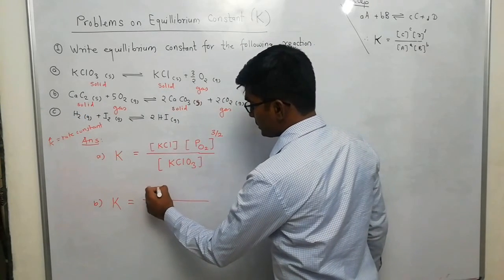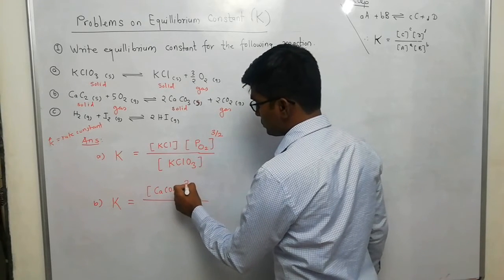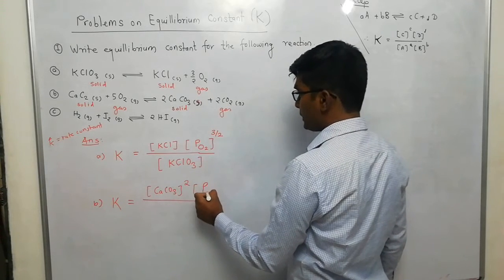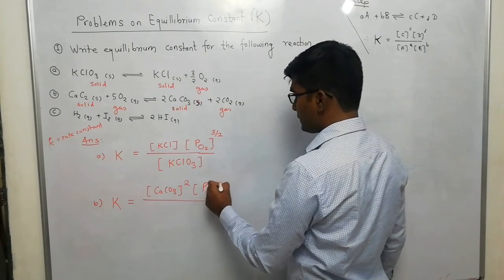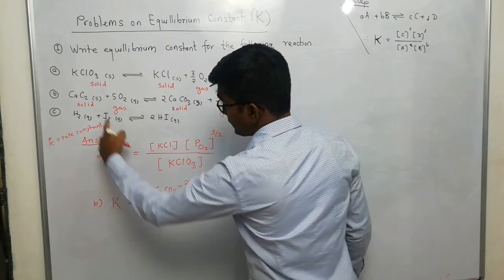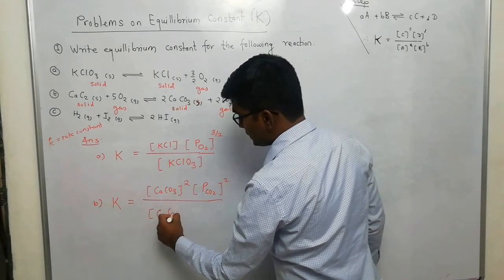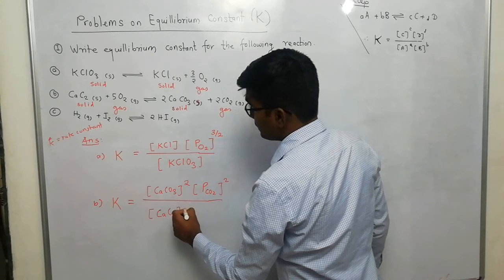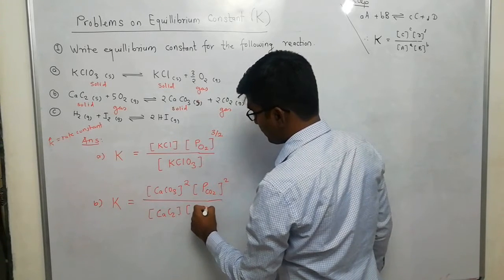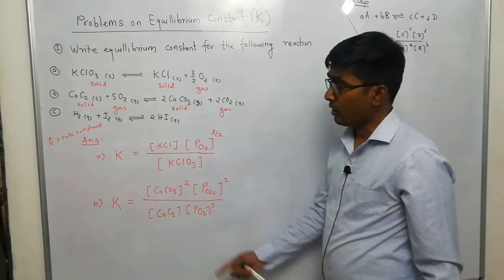So for the products: calcium carbonate, 2 moles, in solid state, into the vapor pressure of carbon dioxide gas raised to 2, divided by the concentration of the reactant CaC2, which is solid, into the pressure of oxygen O2 raised to 5. Okay.